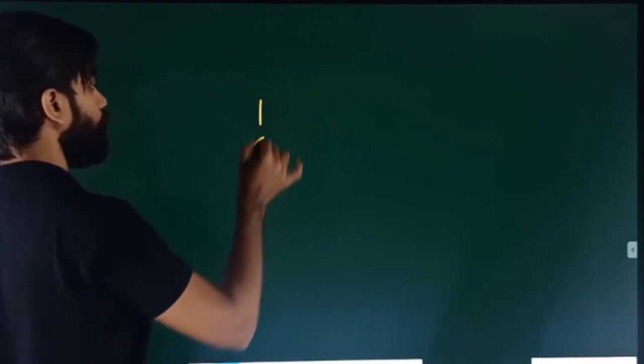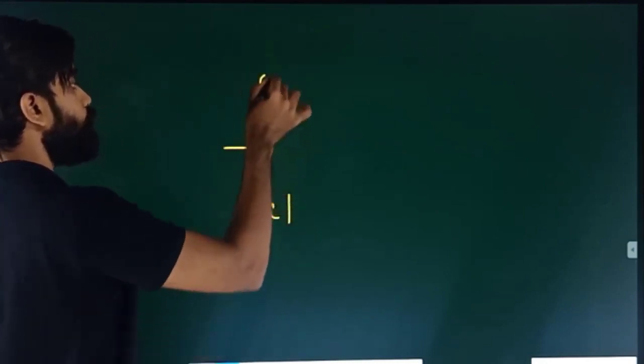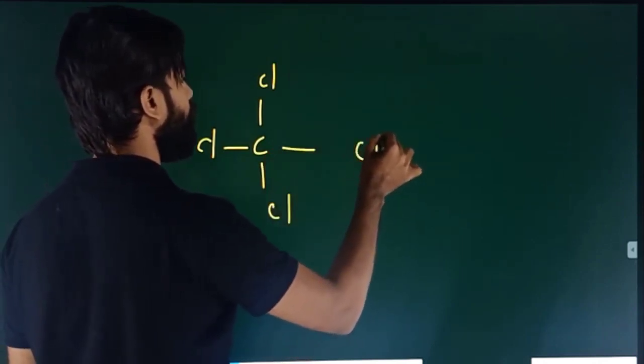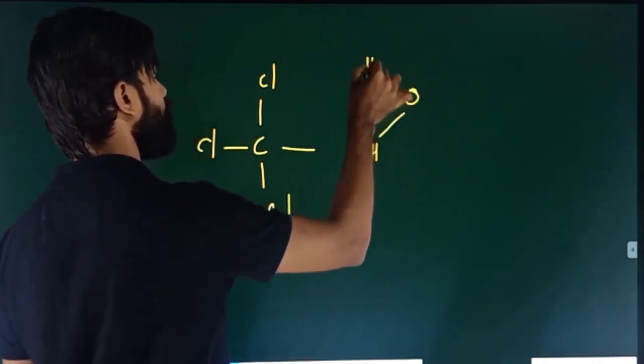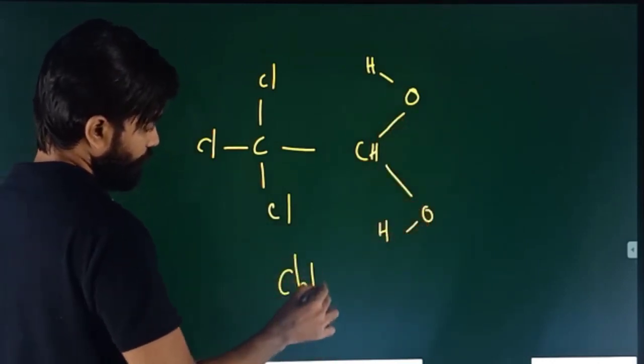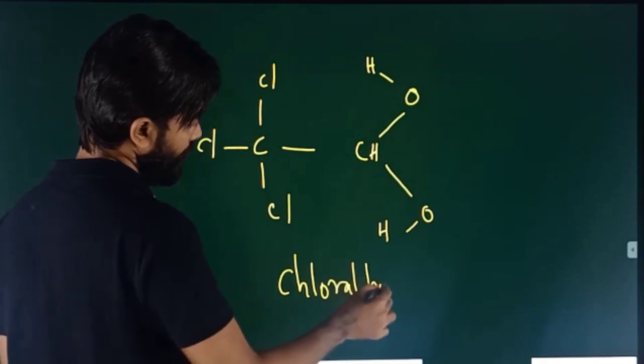Usually two OH groups do not exist as stable on a carbon, but chloral hydrate is stable.